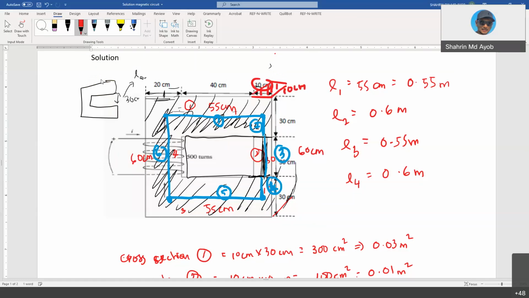Section number 3, which is the air gap, is also 10 by 10, because it shares the same cross section. Section number 4 also has the same cross section, 10 multiplied with 10. Section 5 is different, you refer to this cross section. And for section number 6, this is your cross section, 20 multiplied with 10, its depth.